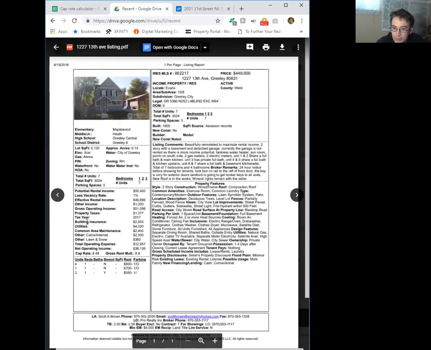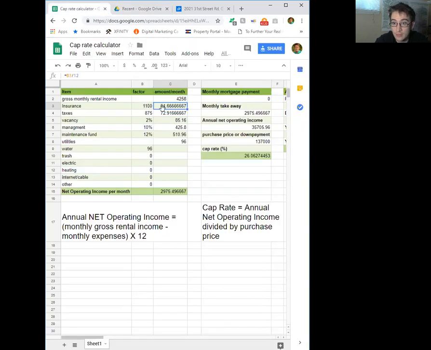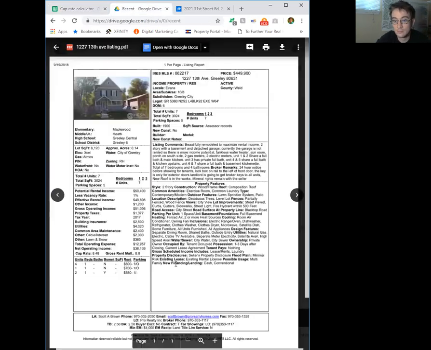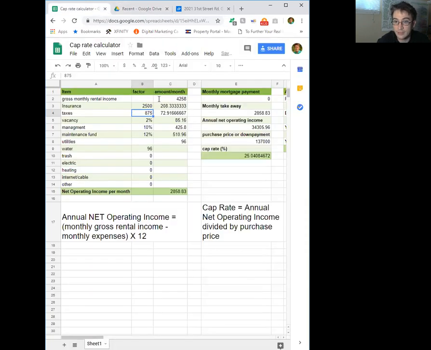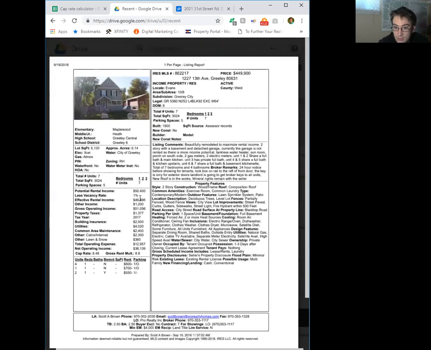And then we'll put in all these bills that he has listed on the MLS sheet. So we have insurance, $2,500, and then taxes, $1,377, and then utilities, $4,020.